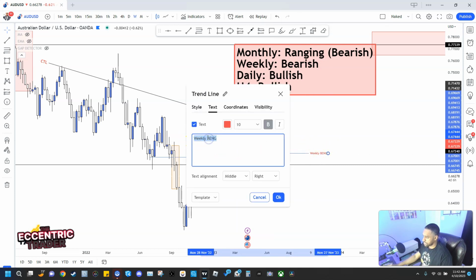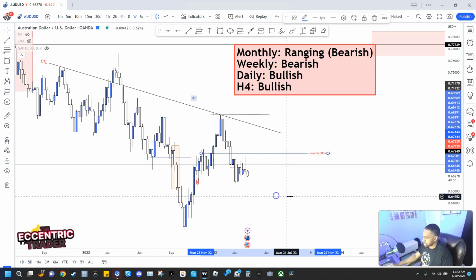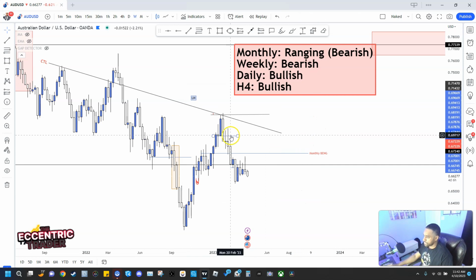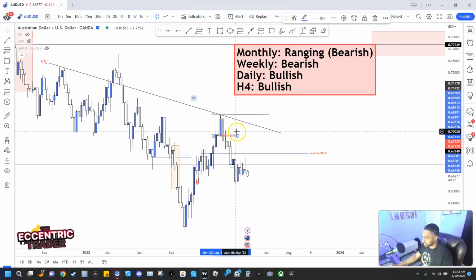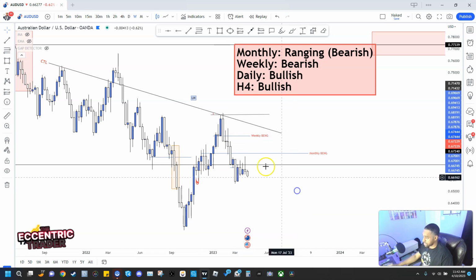We drew that on the monthly. Why y'all ain't tell me and correct me? All right. Now we're on the weekly. Cool. Marking it off as a point of reference, because when we go into lower time frames, we want to see what the market is doing right here, right?